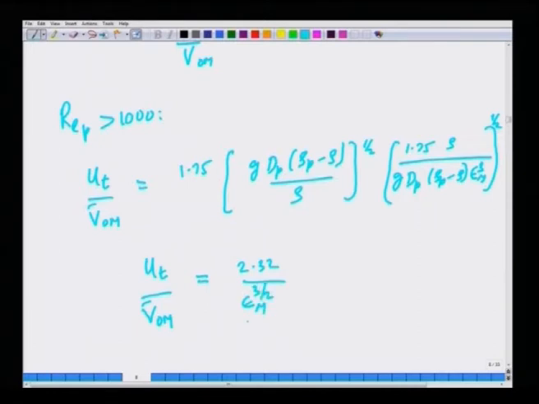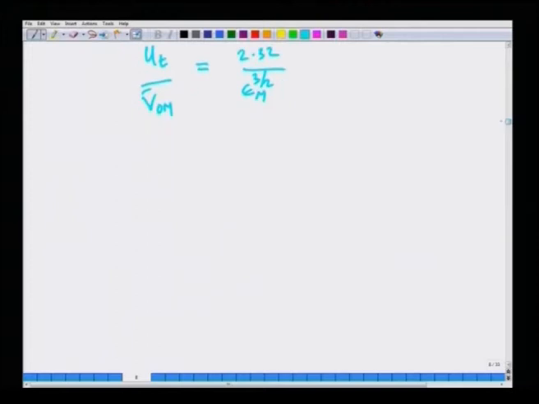So, if you put epsilon_m as 0.45, you will get u_t by V_om for the turbulent regime is just 7.7.